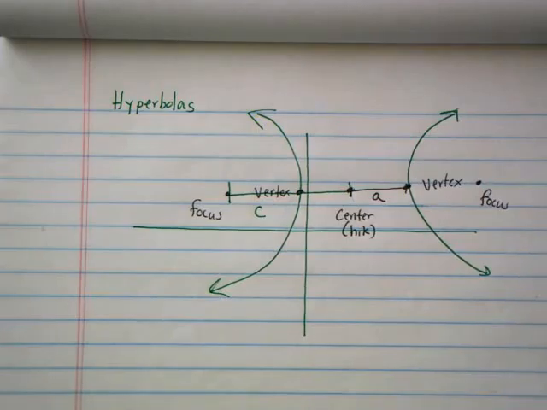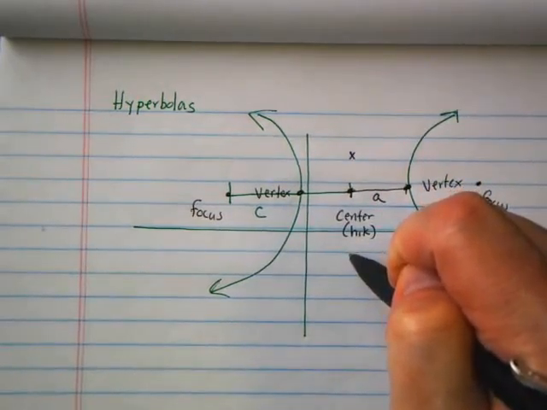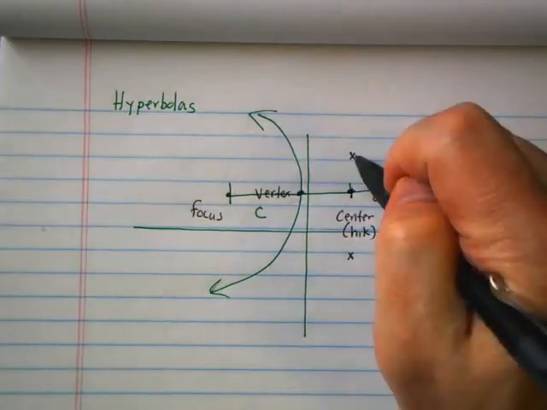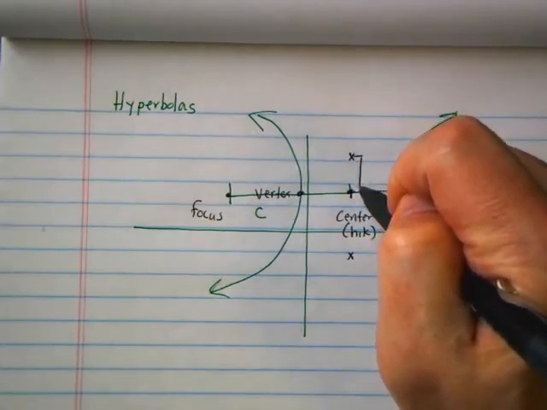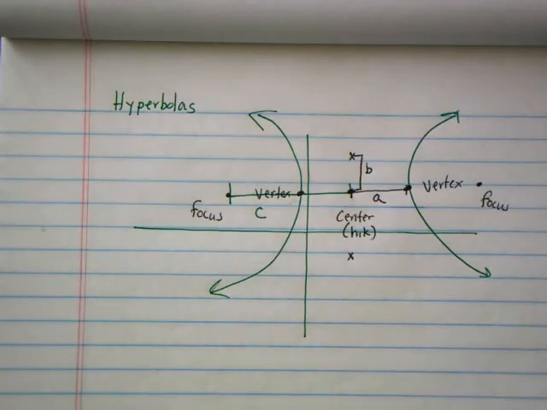And then finally, up here, there are some points. These points don't fall on the hyperbola, but this distance here is called b. And here's what happens.